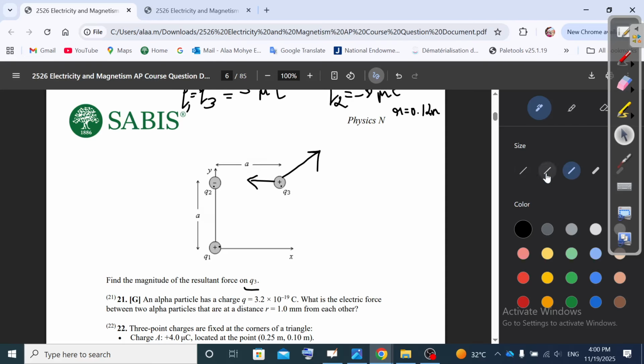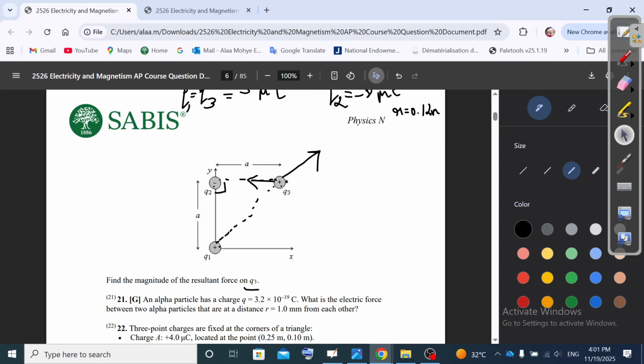Okay, let's work more with it. They want the magnitude of the resultant force, meaning if you take a look here, let's just draw this. This is A and this is A, okay? And then I have here a right isosceles triangle.